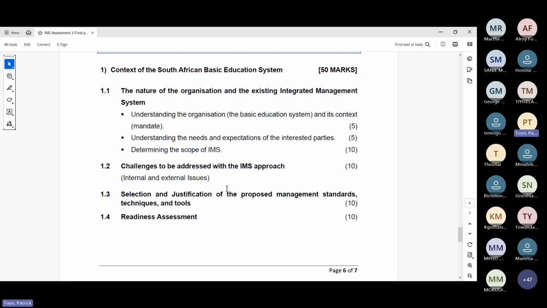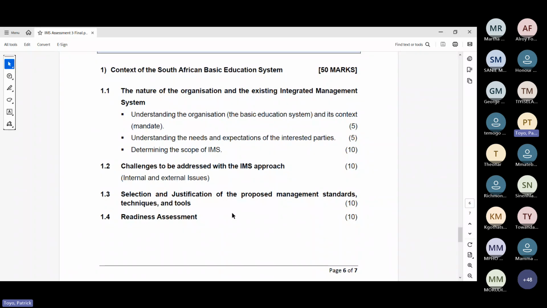You'll see there in the case what the challenges are that are being faced. Some are structural, but you need to read the case to be able to answer that.